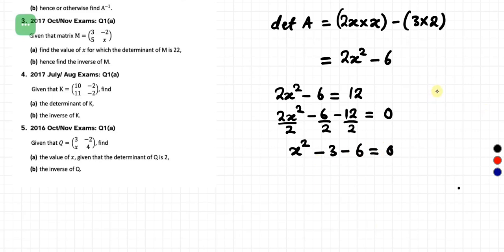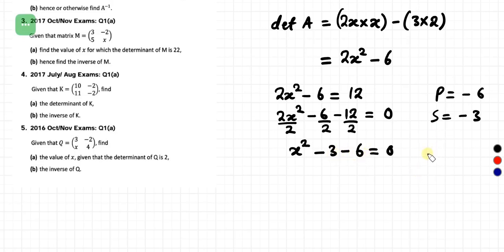When you multiply them they give you 6, and when you add them they give you that.